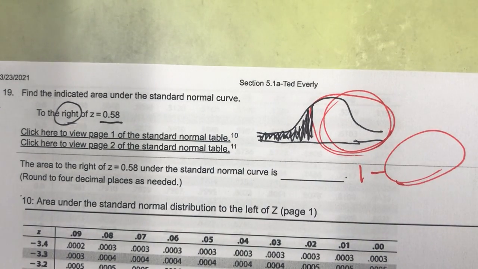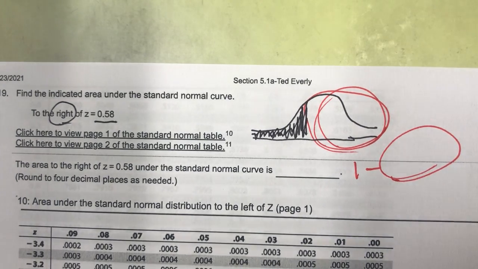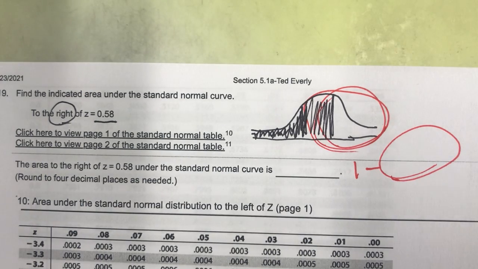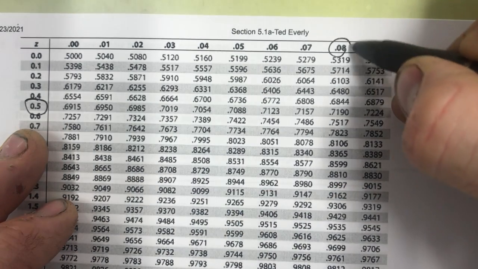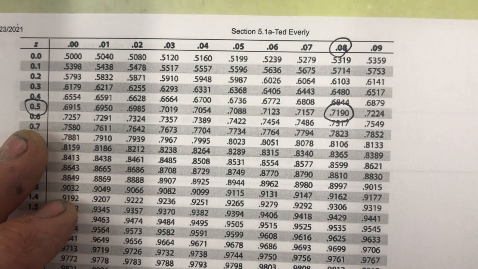Okay, so let's find 0.58. Actually, 0.58 would have been over here. But anyway, I want to find this part. So 0.58, 0.5 is right here. And then 8 is here. So that looks like this number here, 0.7190.